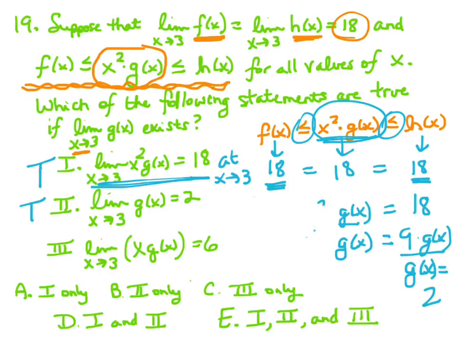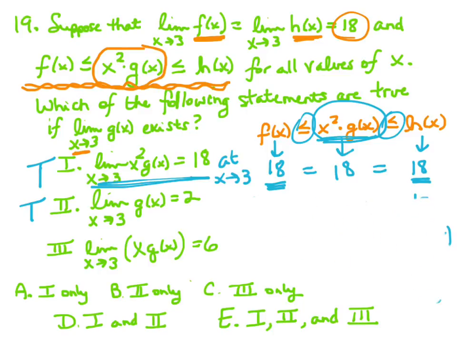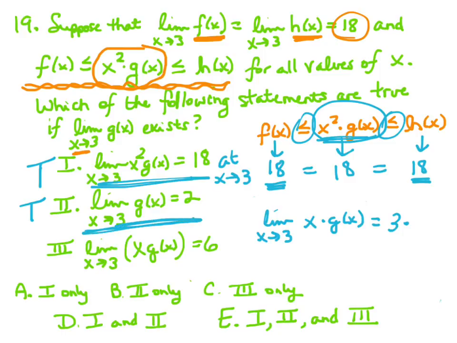Finally, the limit as x approaches 3 of x times g of x would have to be equal to 6. Well, if statement 2 is true, then in the limit as x approaches 3 of x times g of x, I would be substituting in the 3 for x, and in statement 2, we determined that the limit as x approaches 3 of g of x is equal to 2.